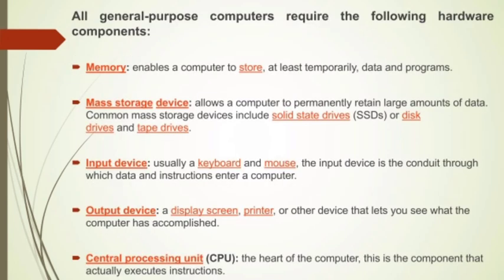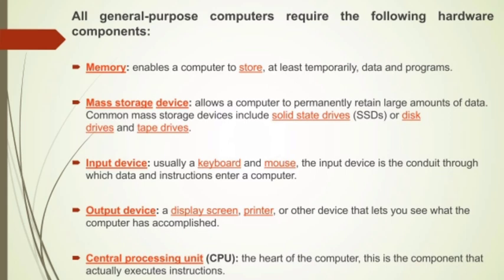The main components of a computer are: memory enables a computer to store data and programs. Mass storage device allows a computer to permanently retain large amounts of data. Common mass storage devices include solid-state drives or disk drives and tape drives.